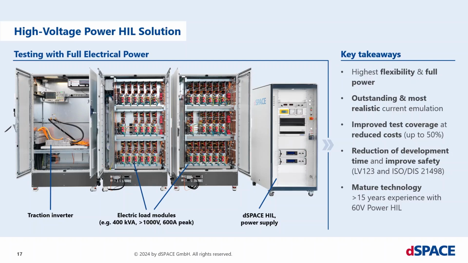That's one big advantage when you emulate input and output side. So with this setup, you have the highest flexibility at full power level. Highest flexibility towards the models, highest flexibility towards the overall system power by scaling up with different numbers of modules.